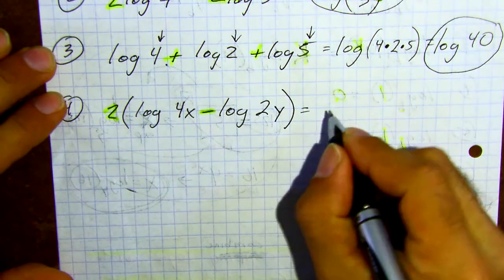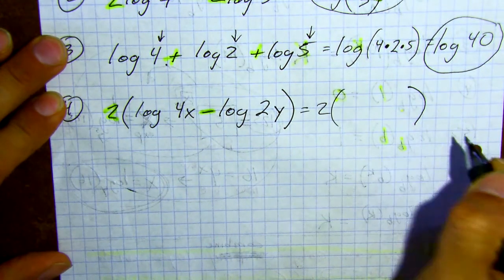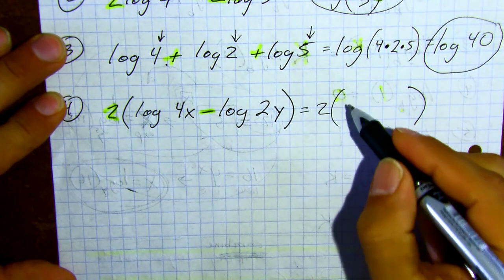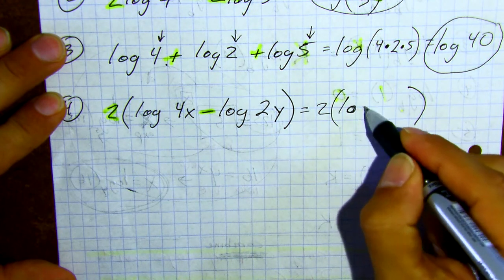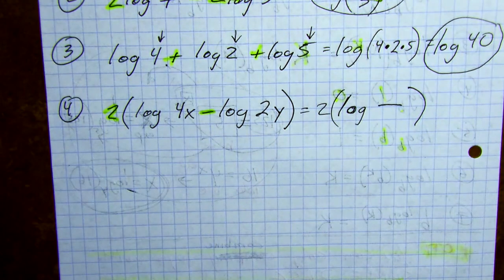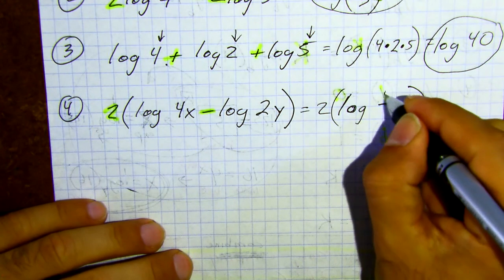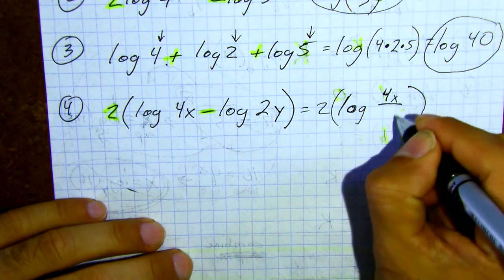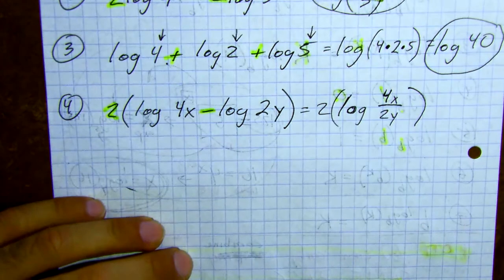So like I said, I'm going to deal with what is in the parentheses first. It's subtraction. So I know it's going to be division. For x to y.